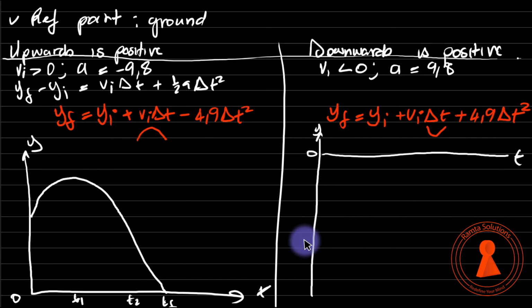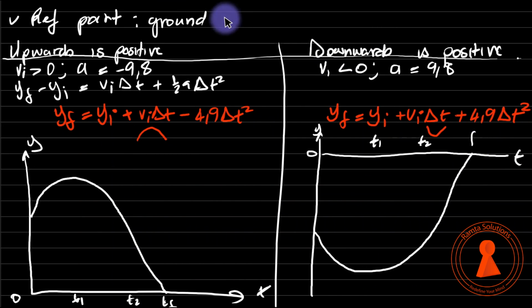So it starts at, remember, initial velocity is 0, and this has nothing to do with initial velocity, but initial height, it is above the ground. Above the ground means you're going up, and we said going downwards is positive for us. So it'll start here and then come back and then hit the ground. So the time here is time to reach maximum height, time to return to initial position, and then time to hit the ground.